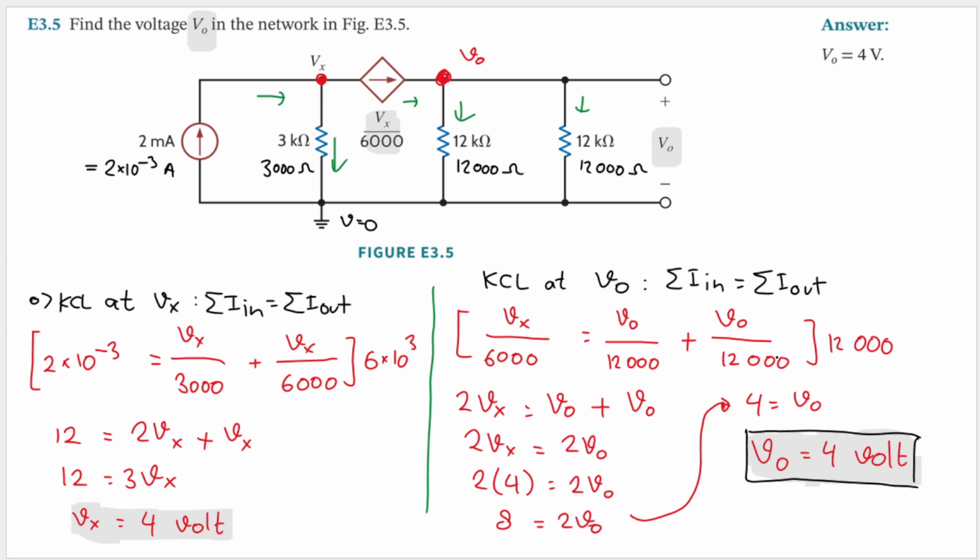And let's check with the answer. It is exactly the same as the answer given by the book. So I think we have solved this successfully. Hopefully I did not make any mistakes. Yeah, I should not have made any mistakes in this problem because it is the same answer, right?